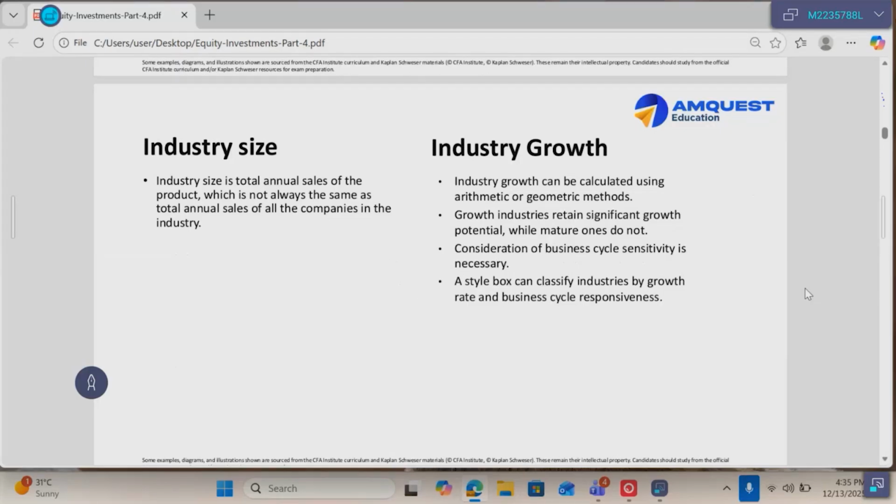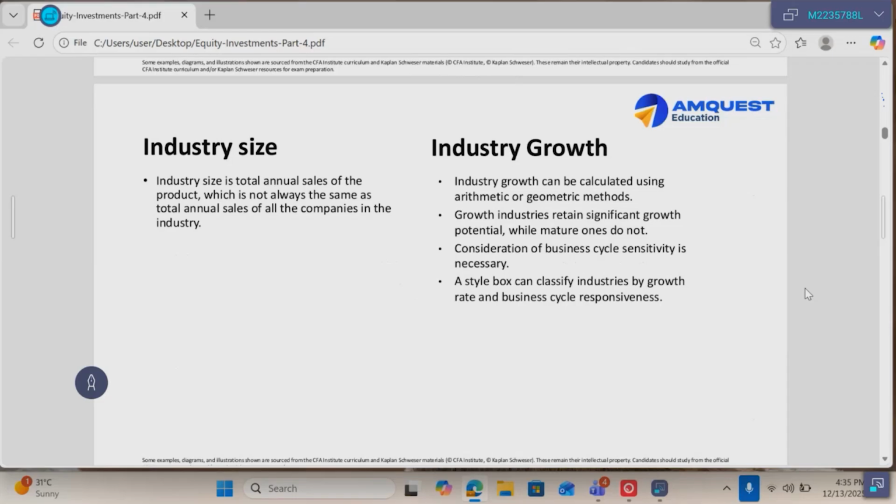And then उनकी जो Reliance Retail है, which is, let's say they are selling electronics and stuff, that will again be included in consumer discretionary. So industry size basically talks about the particular total sales of all the companies, whoever is engaged in the business of manufacturing or servicing, उनका total इस product का कितना है.